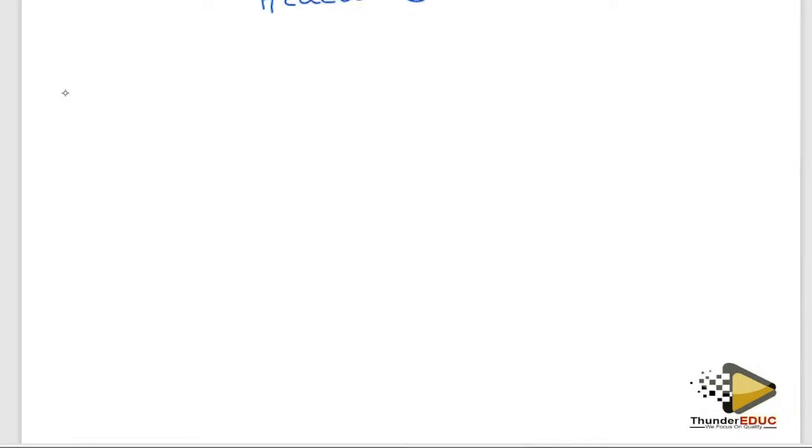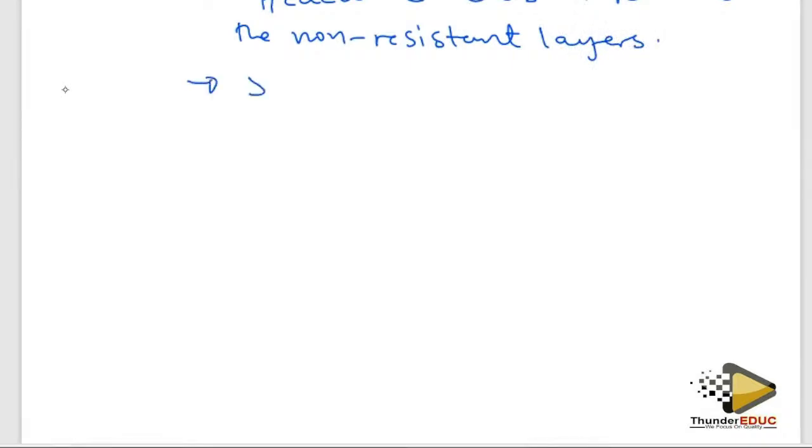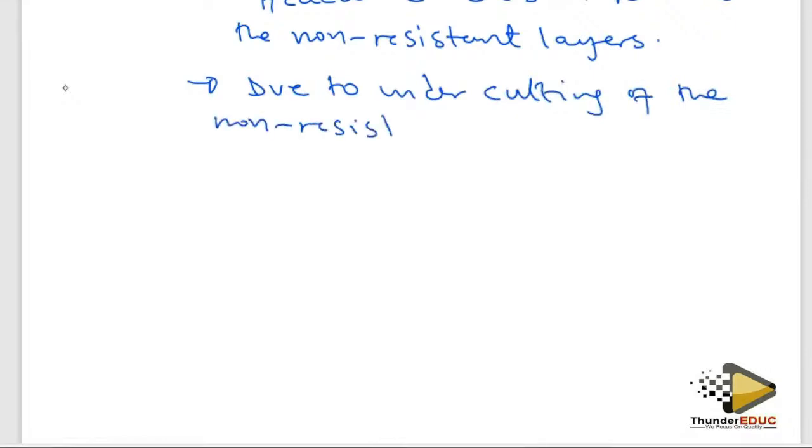We would say headward erosion removes the non-resistant layers due to undercutting of the non-resistant layers.